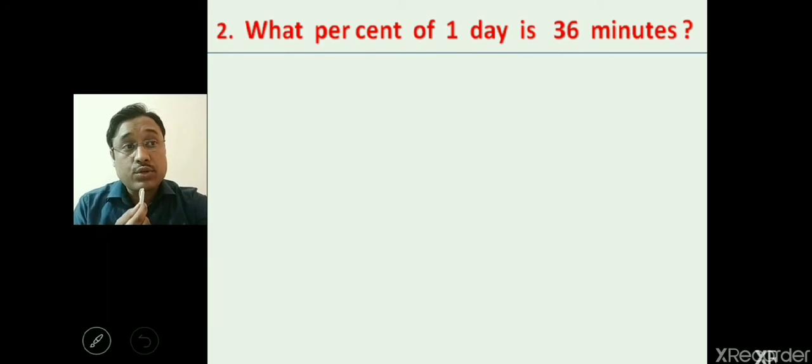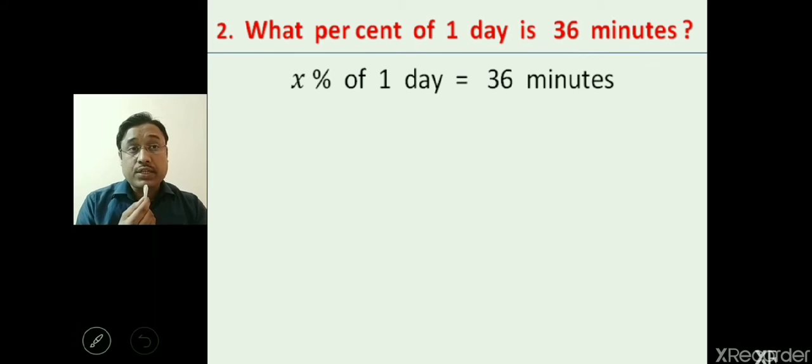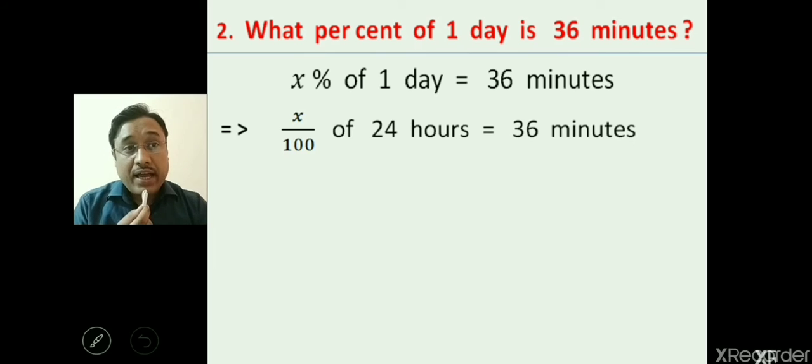So you can say that x% of one day equals 36 minutes. Then we have x by 100 of 24 hours, because x% is x by 100, and 1 day means 24 hours, just remember that. So that equals 36 minutes.